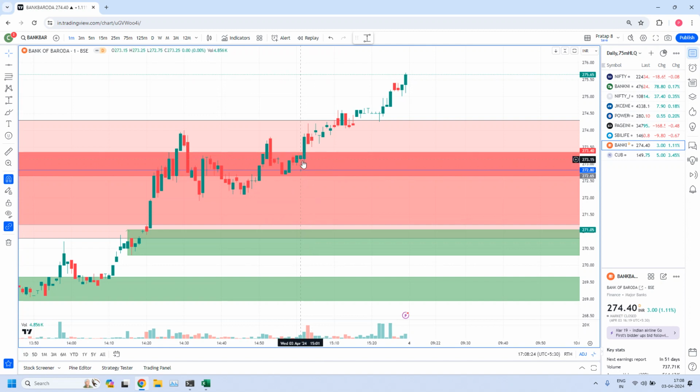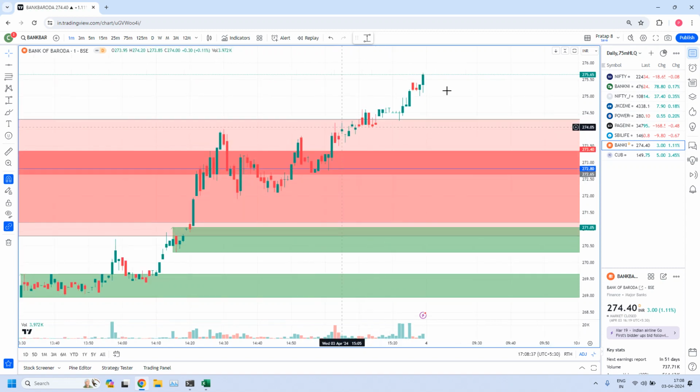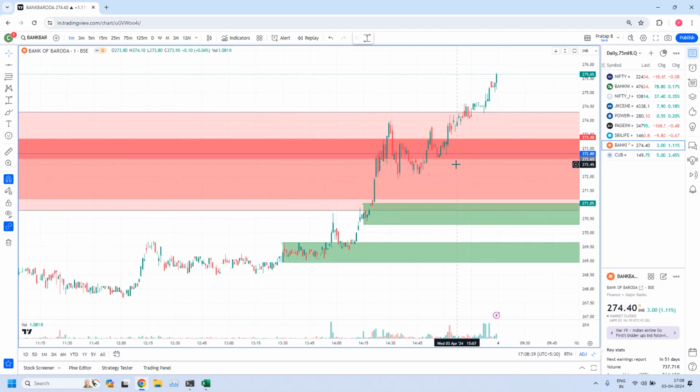Again it moved. Now again institutions created a new zone and again pushed and further pushed. Finally this zone is violated. And after that the institutions, the bears, they give up. So that's it. This is what happened.